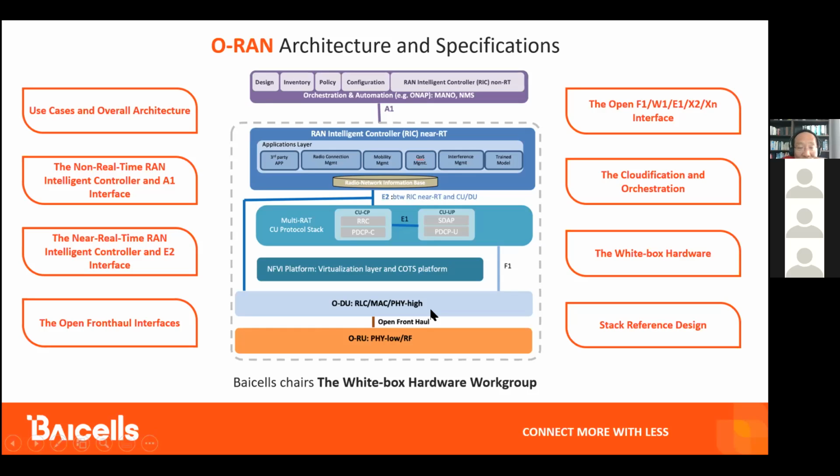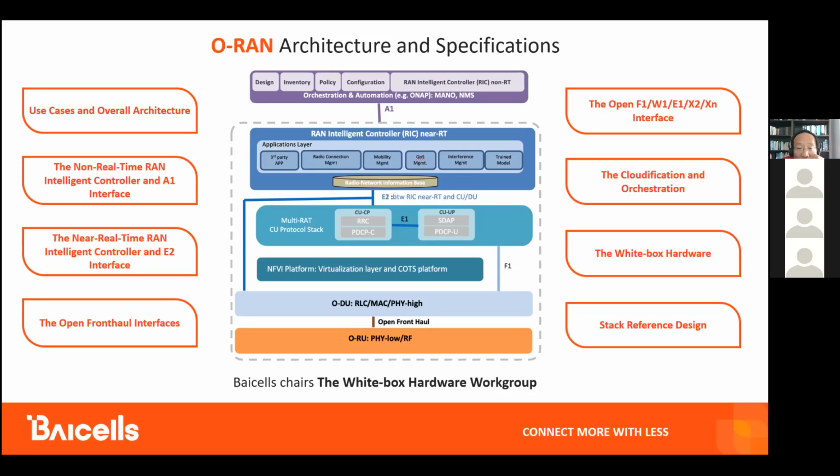In the middle, you can see the dotted boxes are the Open RAN. It has the layers of RU, the layers of DU, the layers of CU. And between Open RAN DU and Open RAN RU, there is this open front haul, which is typically specified by the split option number 7.